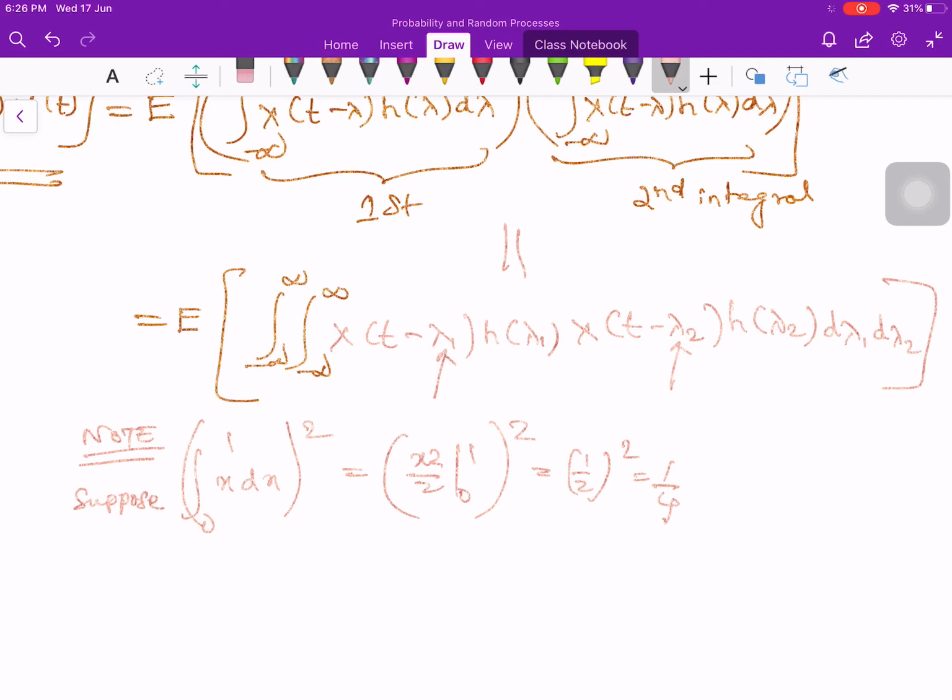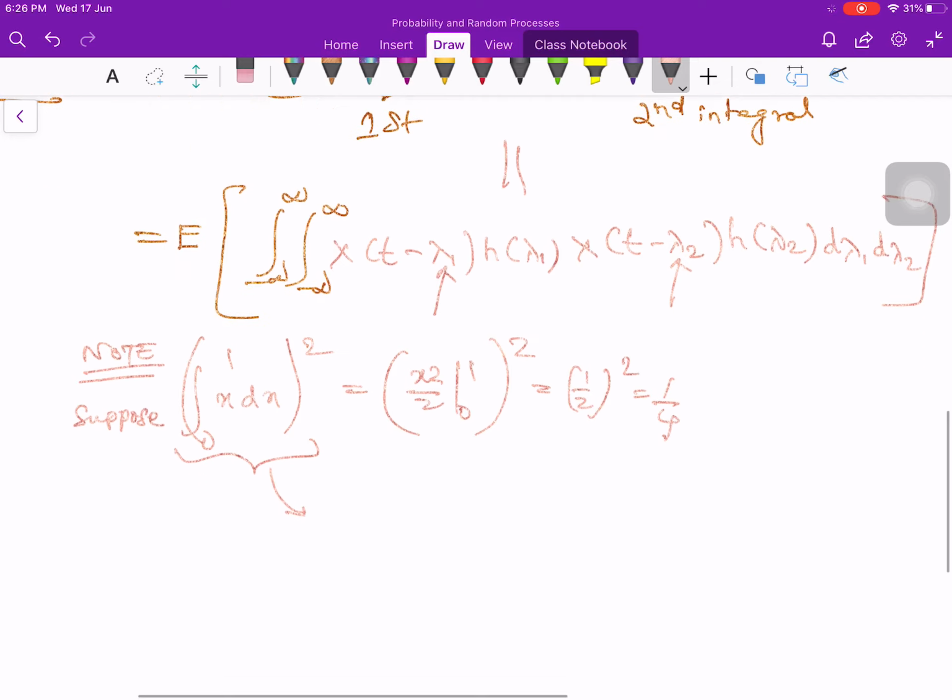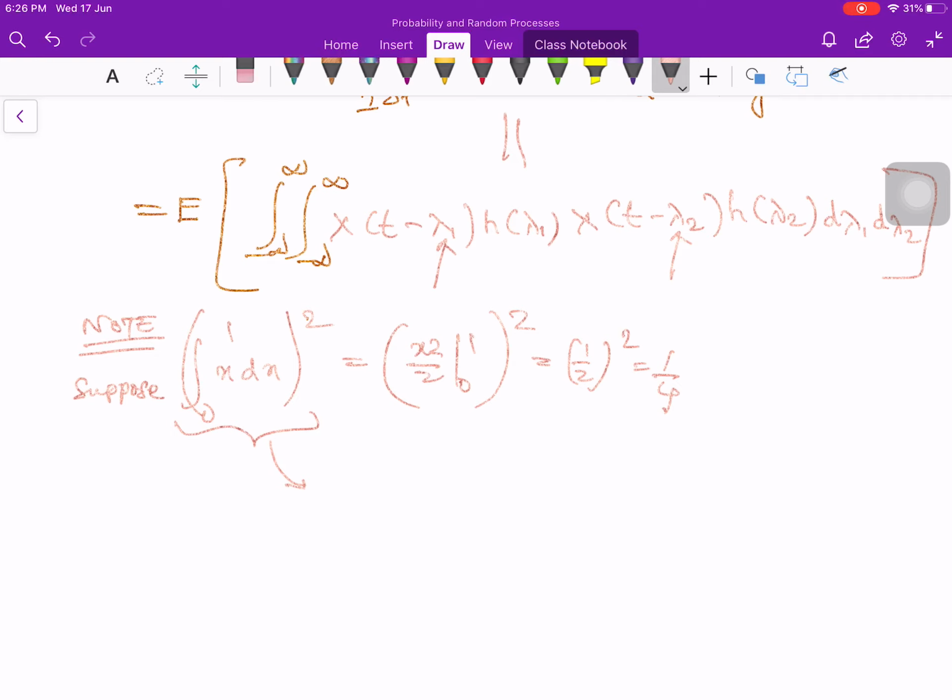The same integration I can do as follows: the integral of x dx from 0 to 1, times the integral of x dx from 0 to 1. So this is x squared by 2 from 0 to 1, and here also x squared by 2 from 0 to 1.